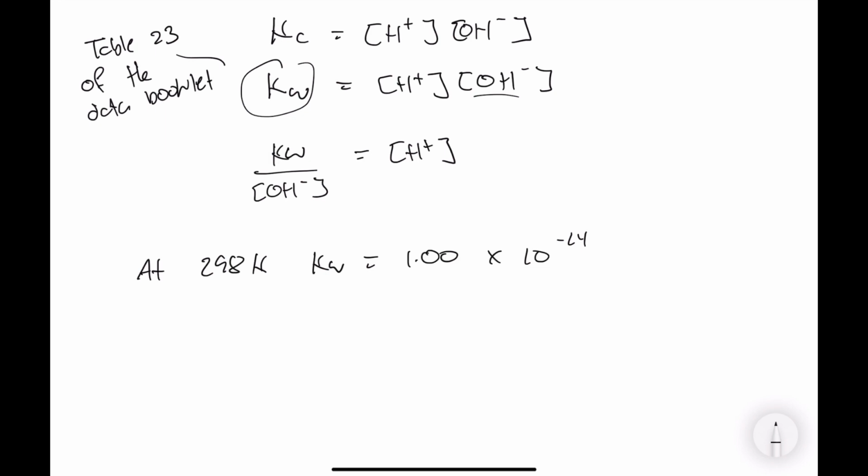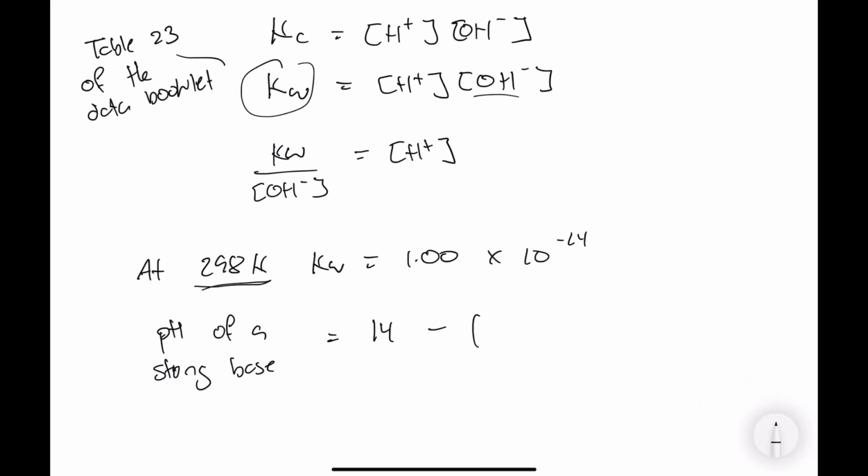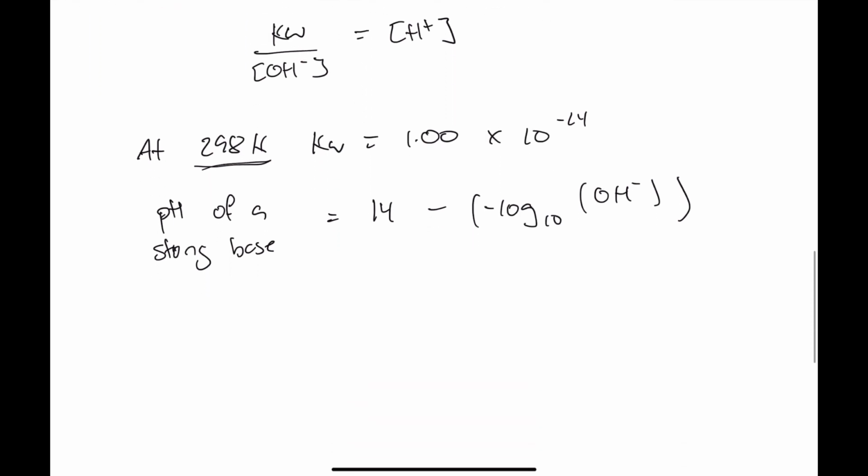So at this temperature, the pH of a base is actually just equal to 14 minus negative log 10 of the OH minus concentration. However, this is not always the case at every temperature because Kw is temperature dependent.